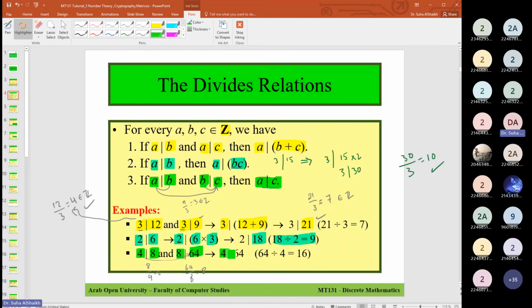We can say that 4 divides 64 because if we divide 64 by 4 it equals 16, which is an integer, which means it is dividing it. Okay? Clear? Any question here?